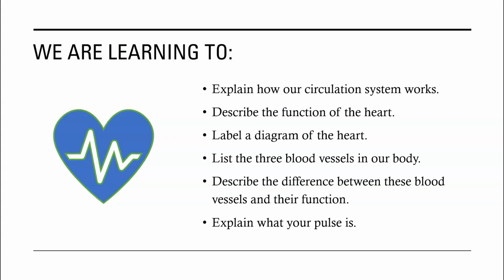So hopefully by the end of the class we'll all be able to explain how our circulation system works, describe the function of the heart, label a diagram of the heart, list the 3 blood vessels in our body, describe the differences between these blood vessels and their function, and explain what your pulse is.